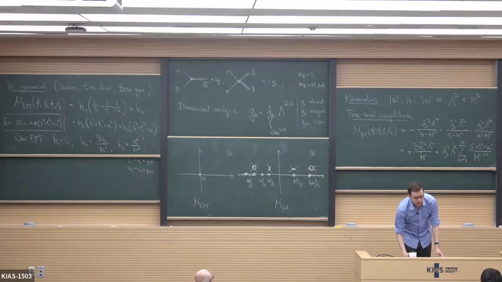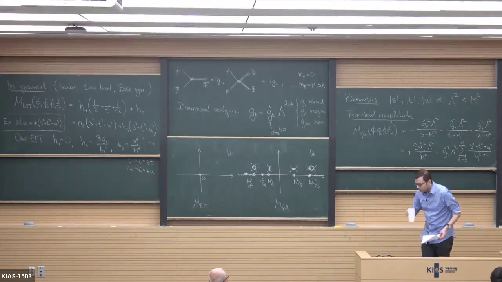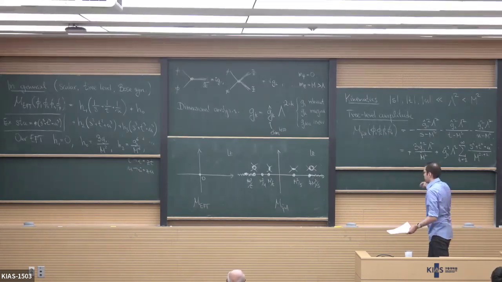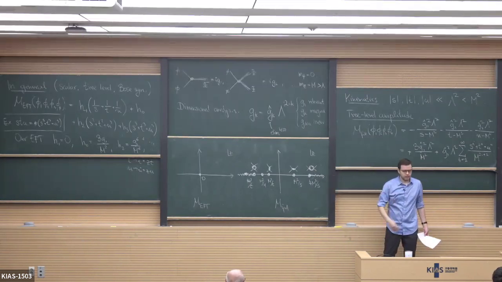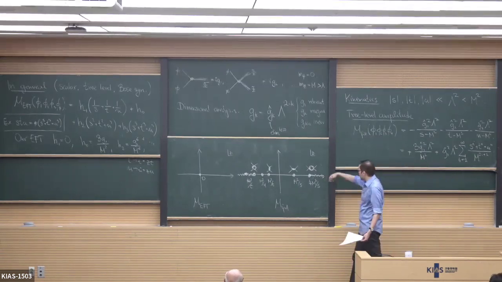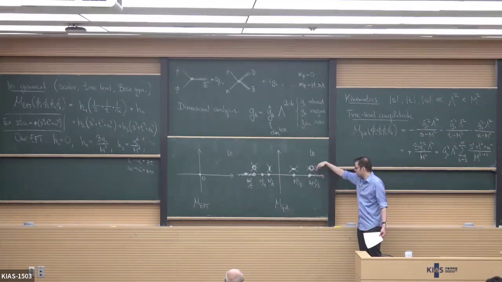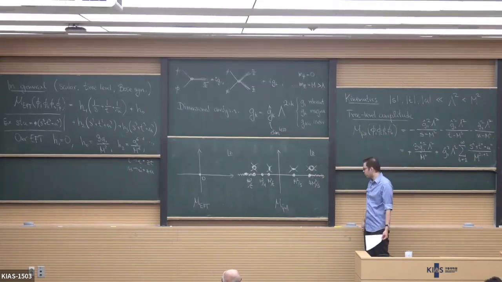The question is about whether the branch cut has to be on the real axis, and the answer is yes. You can prove that the cuts will always organize. There could be very complicated cut structures starting at two and higher loops.